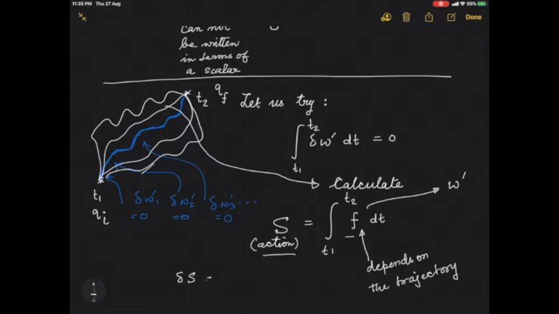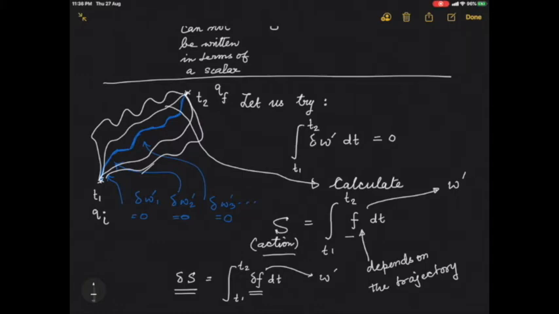The integral will not be 0. But then if I calculate delta s, and this again I will show you explicitly. Okay, probably I will ask you to prove it, but I will tell you how to do it. So if I do delta s, that corresponds to the integral of delta f dt, where f, as we said, is like w prime, so the integral of delta w prime dt.